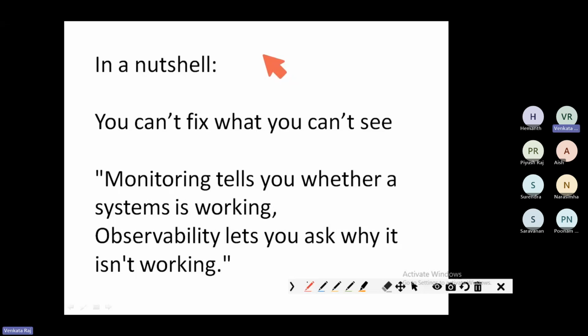It helps find the issues faster, right? So if my issue is found faster, it can be resolved faster. And I am not only finding the issue, I'm also getting the details and the root cause of the issue.